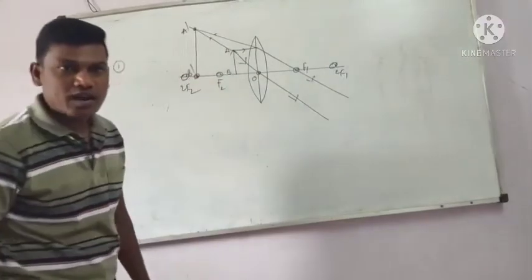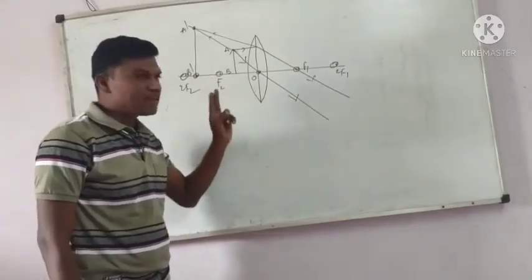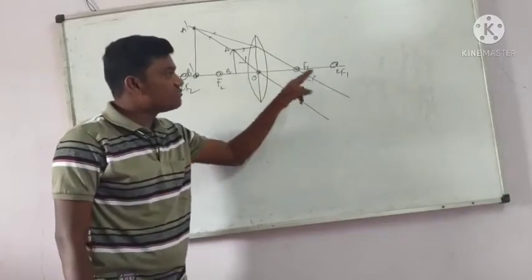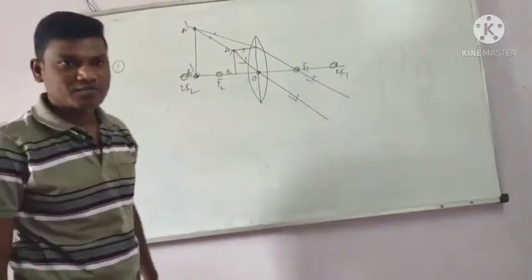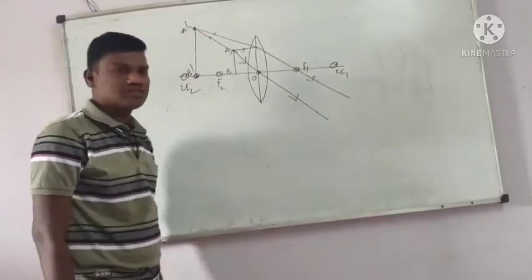This is the virtual image, because after reflection or refraction, if the rays really meet at a point, a real image is formed, or if they appear to meet at a point, a virtual image is formed.